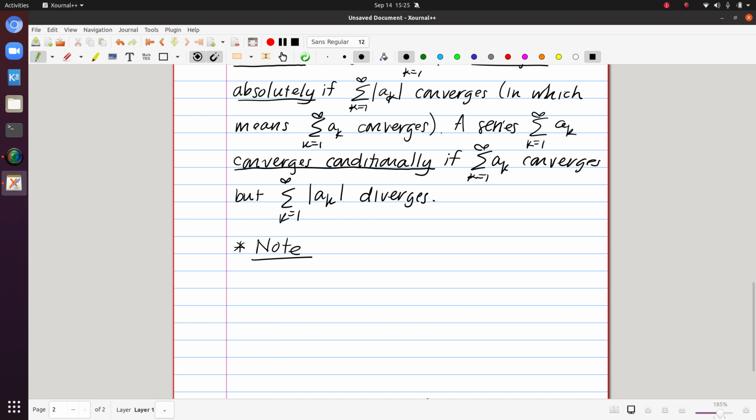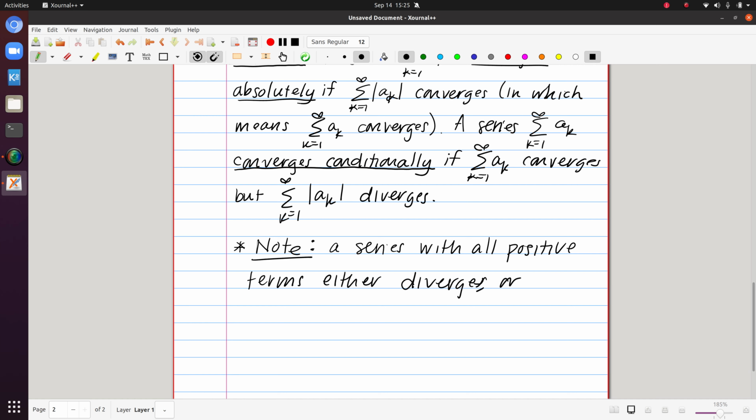We haven't mentioned this refinement of convergence yet, and I want to point out a series with all positive terms, like many of the ones we've already seen, either diverges or converges absolutely.